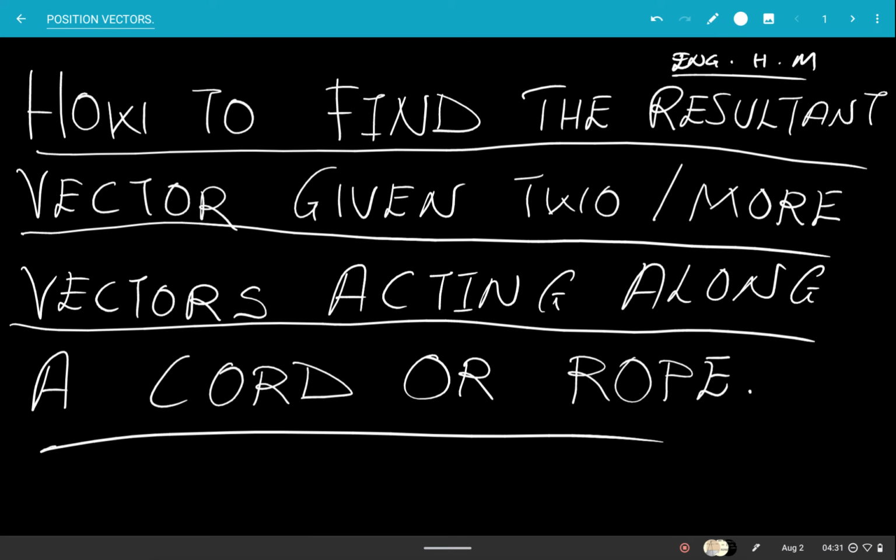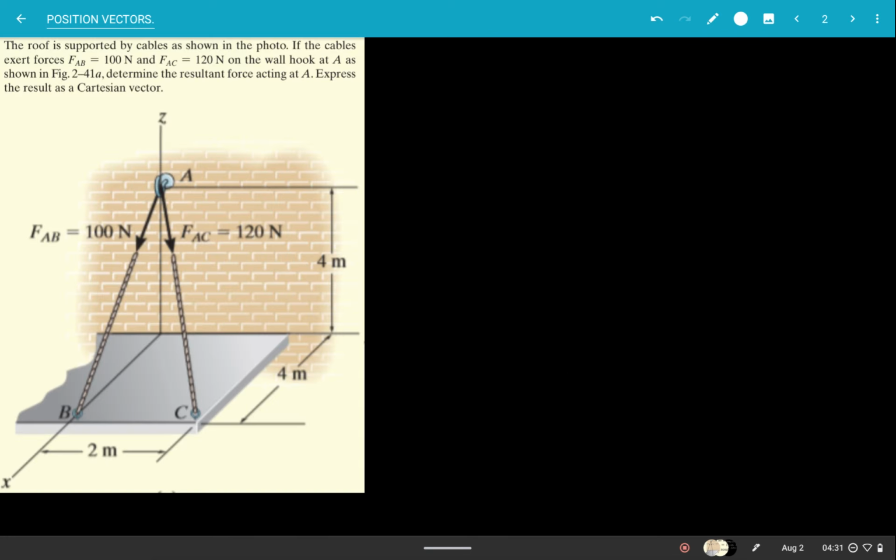Alright, let us understand this concept with an example. So it says that the roof is supported by cables as shown in the photo.